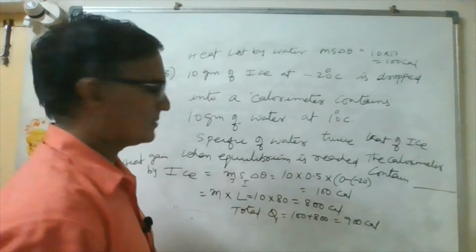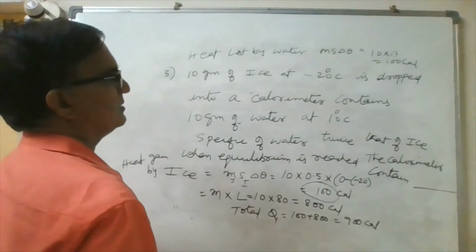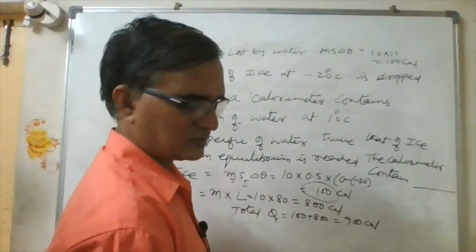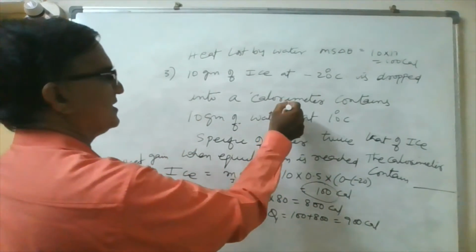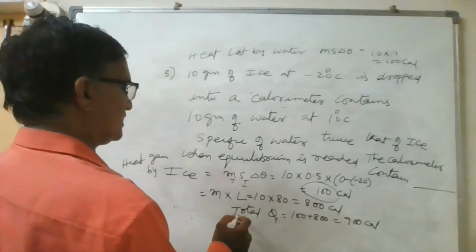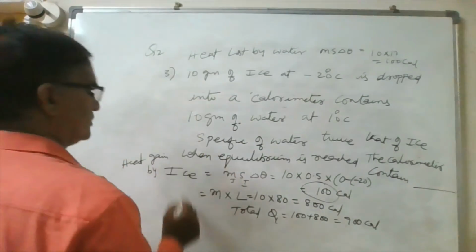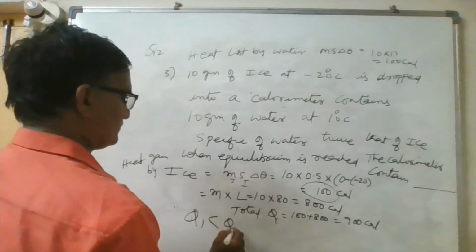So you require 900 calories to convert the ice to water, but the water can supply only 100 calories. If you take the required heat as Q1 and the heat available as Q2, Q1 is much greater than Q2.